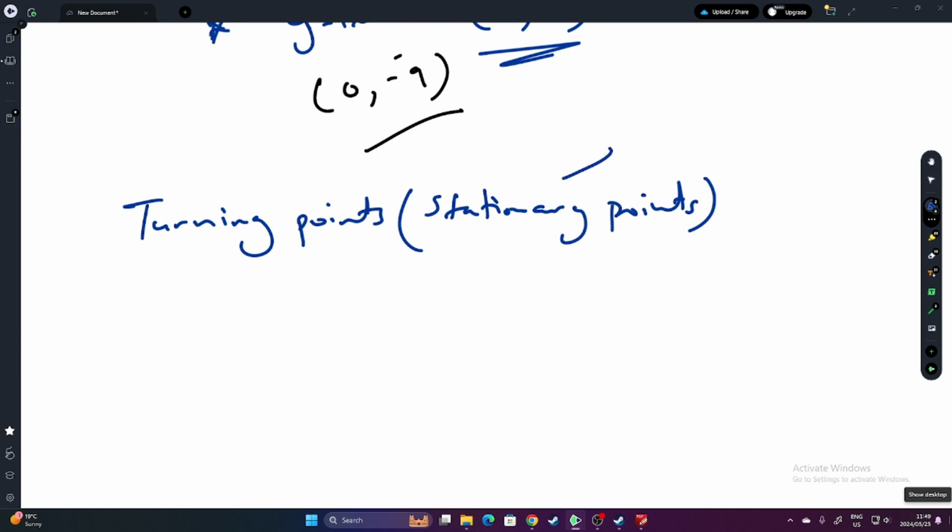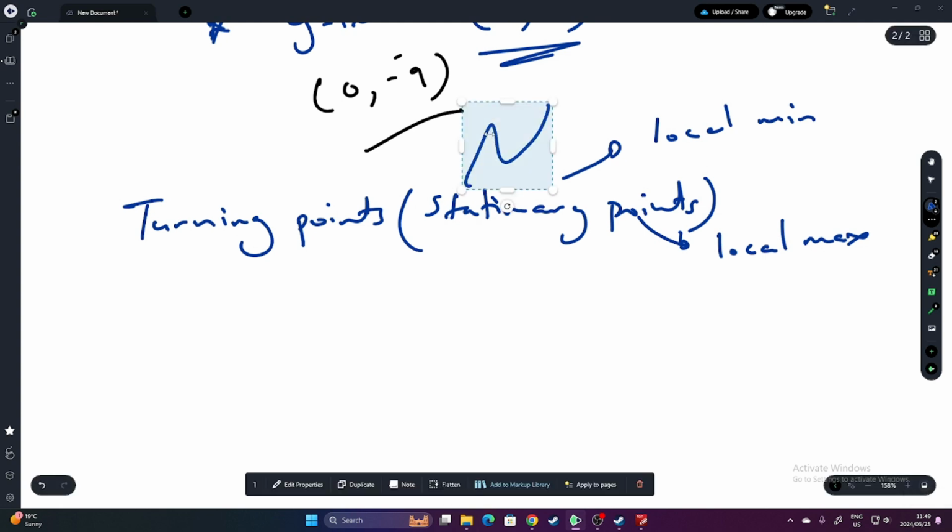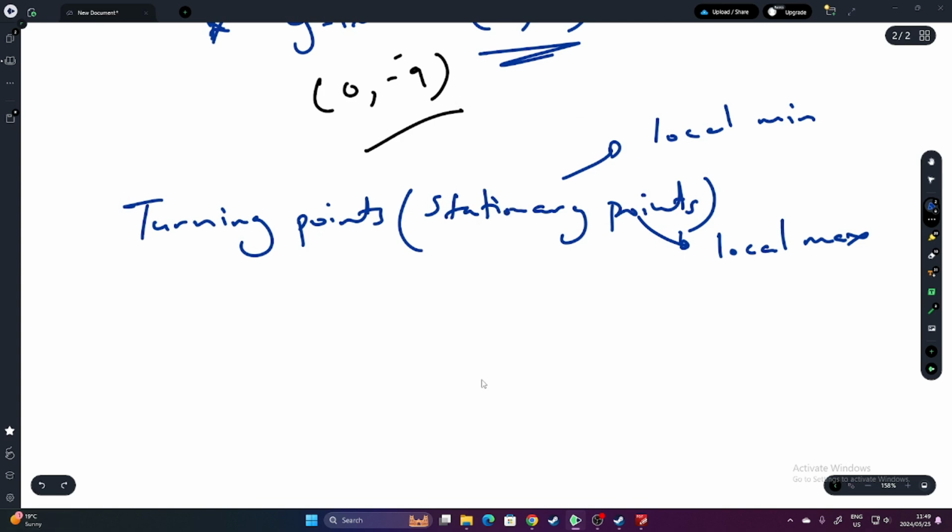Or occasionally they'll like to call it local minimum or local maximum, depending on whether you're looking at, so if this is the cubic graph, the maximum or the minimum, right? So maximum, minimum.